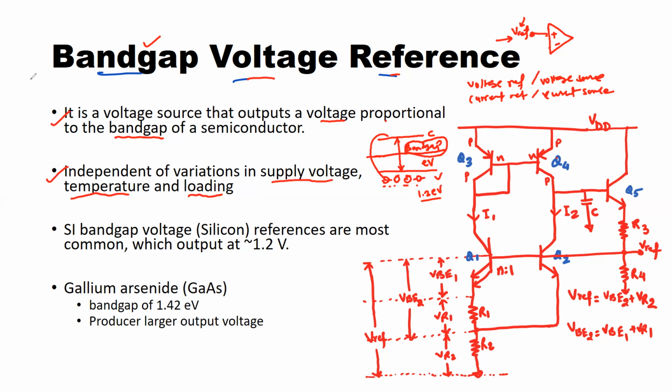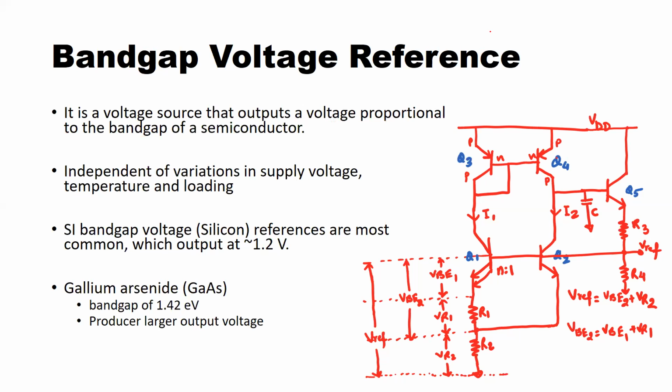What does that mean? That means when you produce a voltage reference, for example, right here, we just drew the circuit of an operational amplifier and we said we produce this reference voltage. Now this reference voltage must be stable. If there is a fluctuation in the supply voltage, the value should remain constant. If there is a fluctuation in the temperature in the circuit, the value of V reference should again be stable.